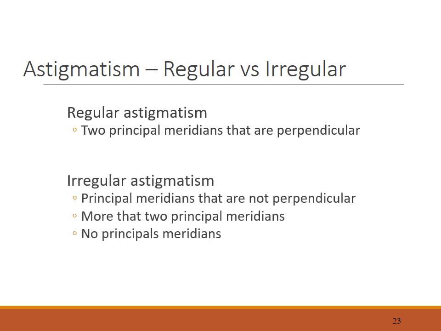Irregular astigmatism refers to principal meridians that are not perpendicular. There might be more than two principal meridians, or sometimes no principal meridians at all. An example case of irregular astigmatism is keratoconus.